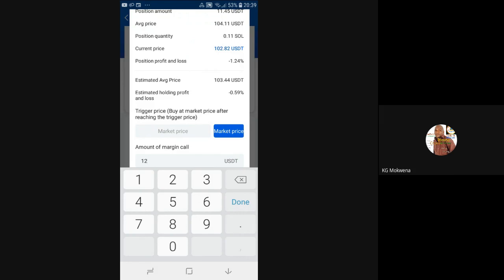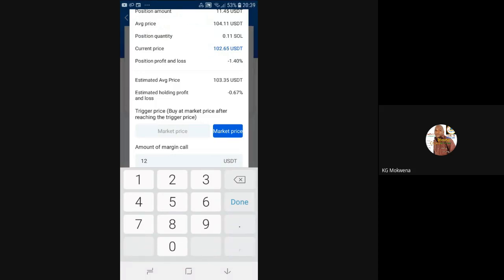And not only that, apart from average price, can you see estimated profit and loss? Yes, I can. It's minus 0.67%. Yes, that one is the estimated one after a deal is done.